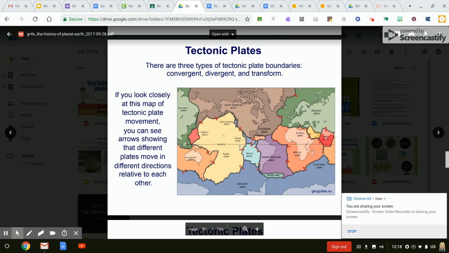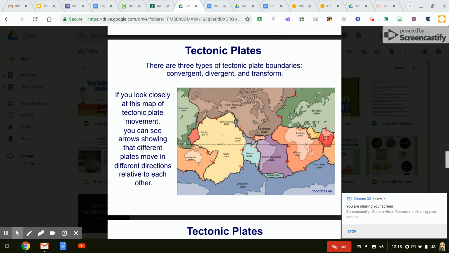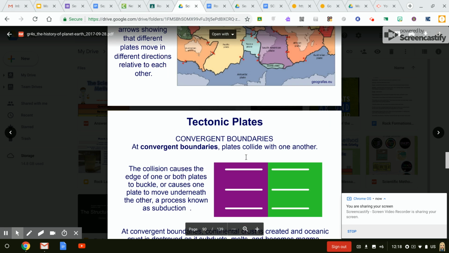And if you look closely at this map of tectonic plate movement where you see these lines, you can see arrows showing that different plates move in different directions relative to each other. So here are your little arrows, okay, and these lines are showing you where those plates are using this map.